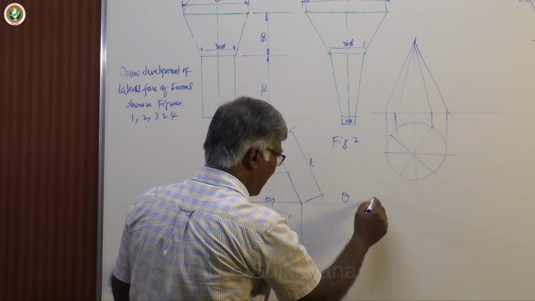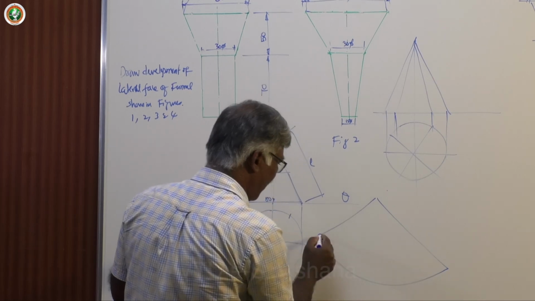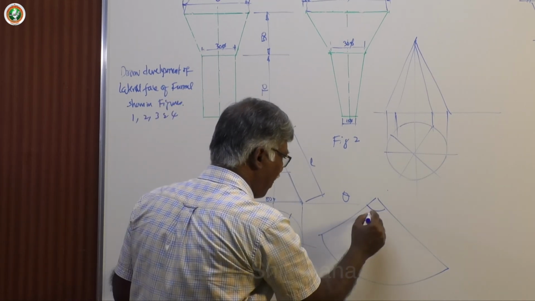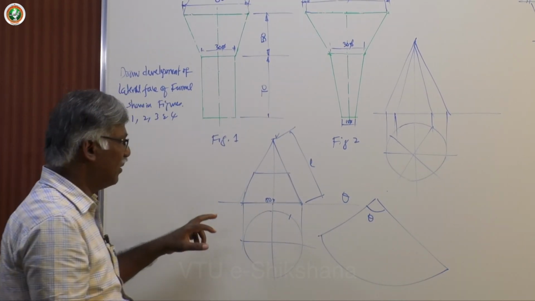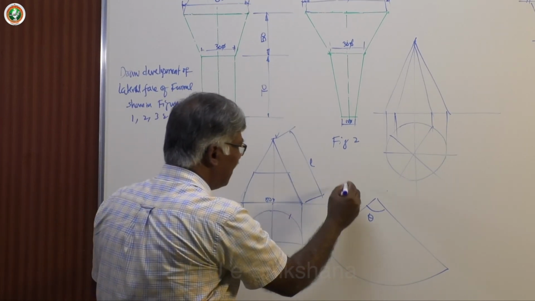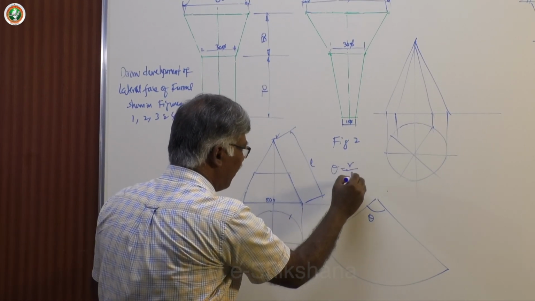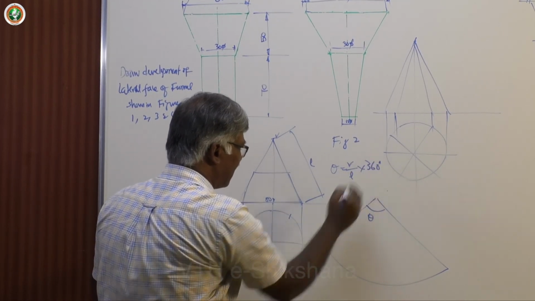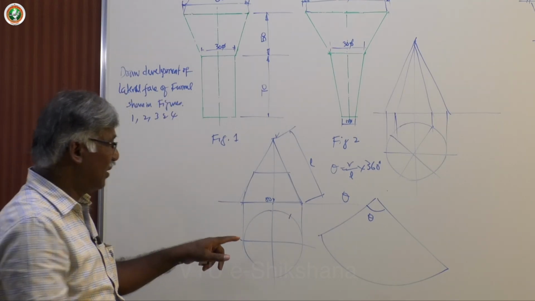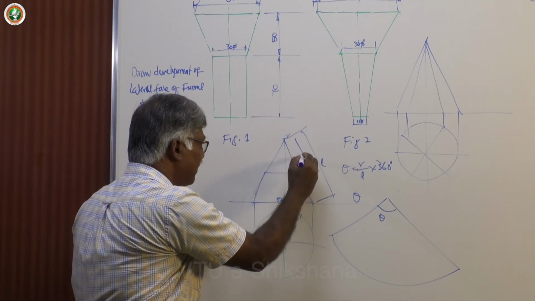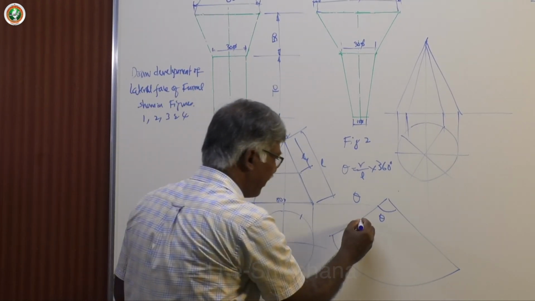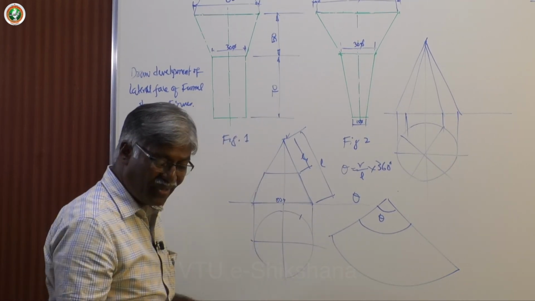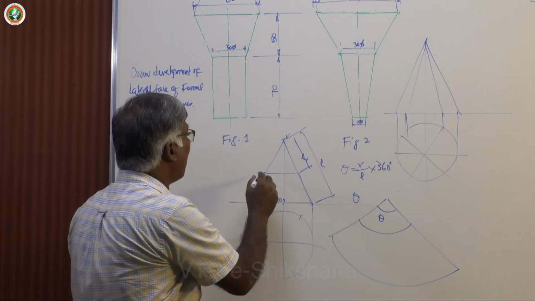See, the actual development is this. This is theta. And after calculating theta, theta equals R by L multiplied by 360. After that, you take this L1 and draw. Then the required development of this particular part is this.